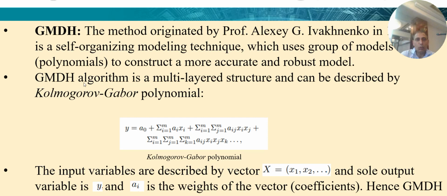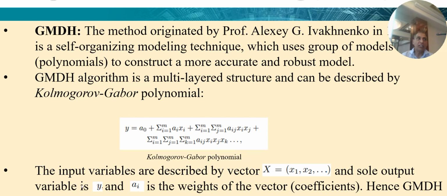The GMDH algorithm has a multi-layered structure and can be described by the Kolmogorov-Gabor polynomial. The polynomial is the target equals a coefficient plus a coefficient times parameter 1 plus so on, and a coefficient times the first parameter times the second parameter plus so on.